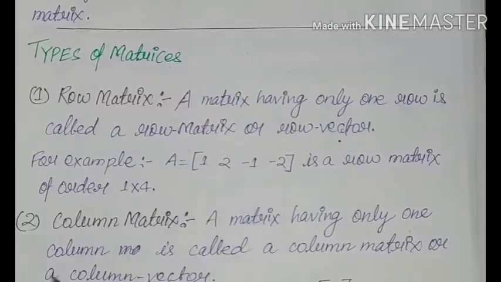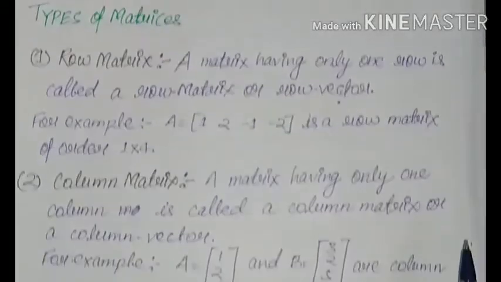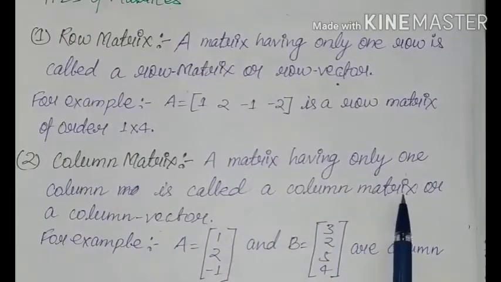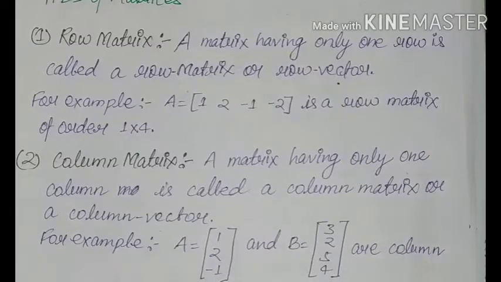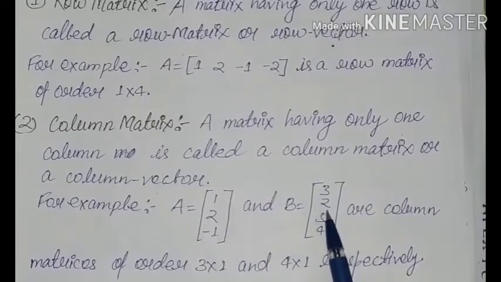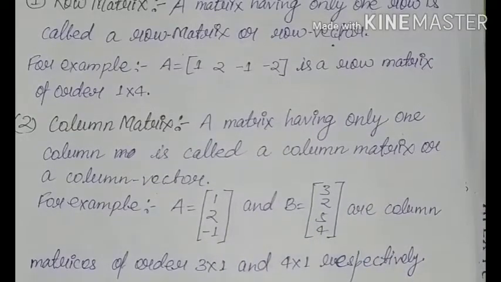The second one is the column matrix. A matrix having only one column is called a column matrix or column vector. For example, A equals 1, 2, minus 1 and B equals 3, 2, 5, 4 are column matrices of order 3 by 1 and 4 by 1 respectively.